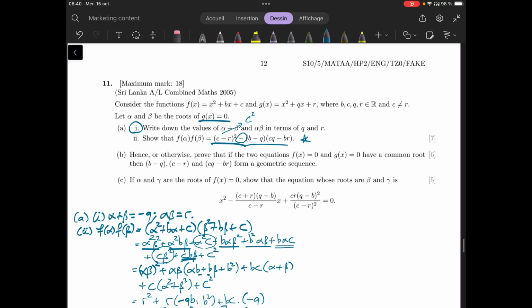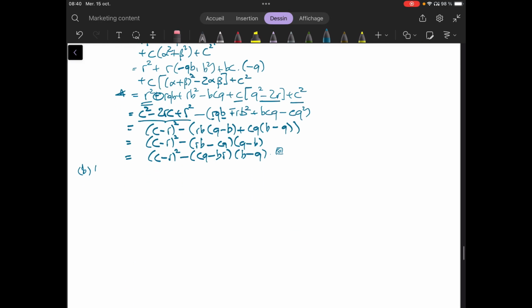Part B. Hence, or otherwise, prove that if the two equations have a common root, then these three form a geometric sequence. So let the common root be alpha.